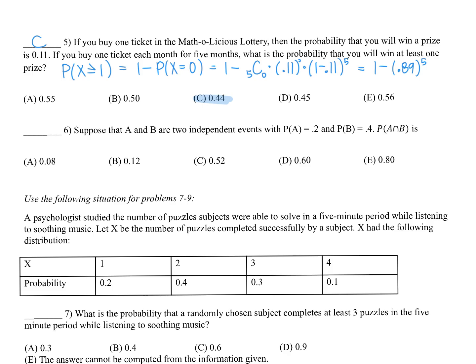So I want the probability of A and B. If you have independent events, then we know that the probability of A and B is the probability of A times the probability of B. So I'm just going to do 0.2 times 0.4, and it's going to give us 0.08.